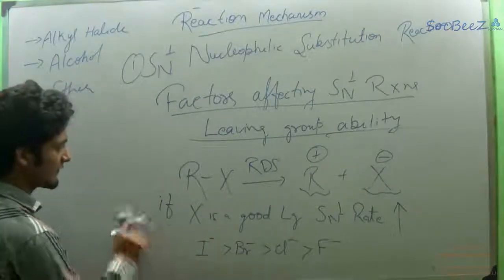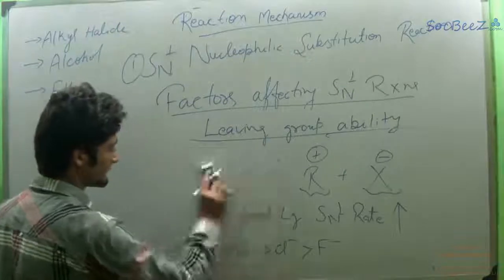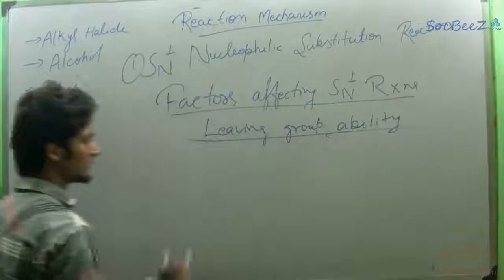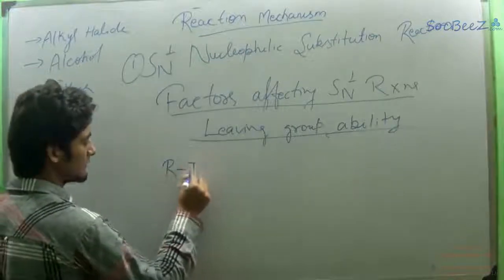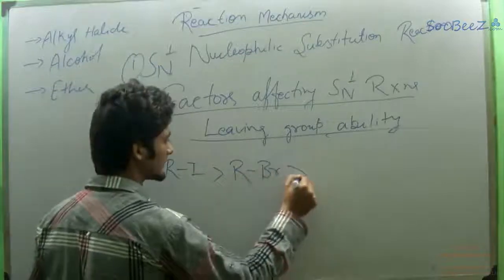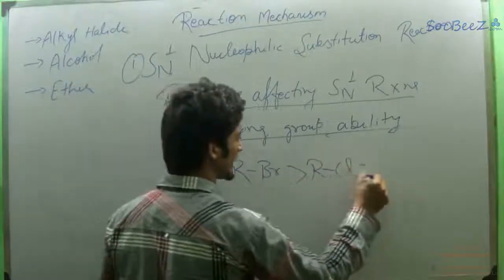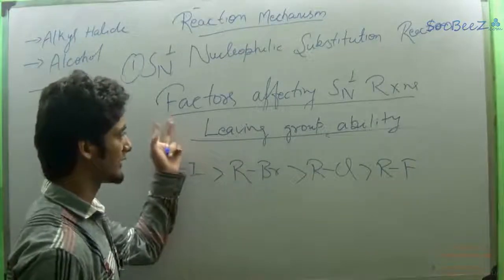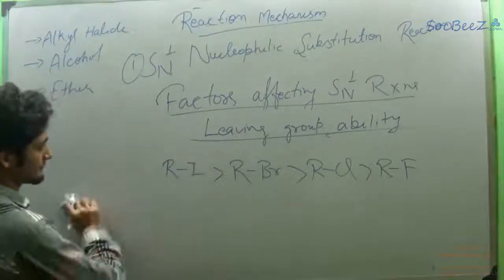So we can say that for the same R, RI will be the fastest, then RBr, then RCl, then RF. For the same R, this will be the order of the rate for SN1 reaction.